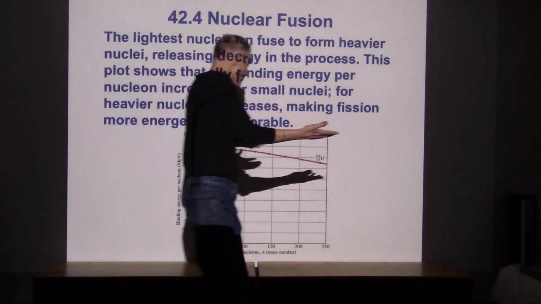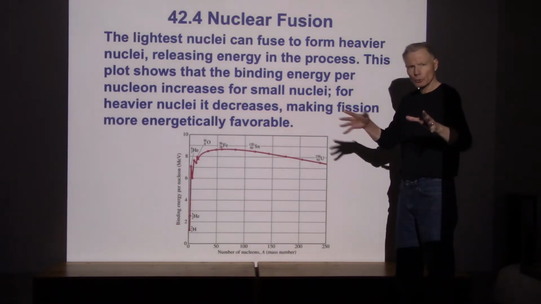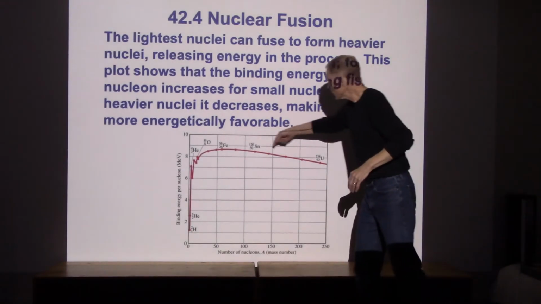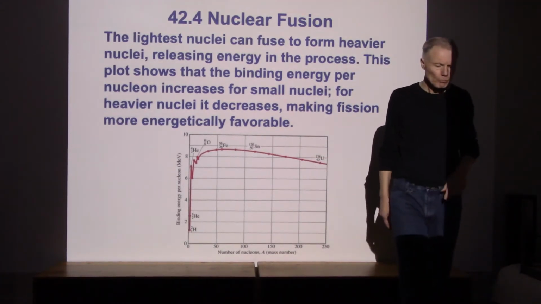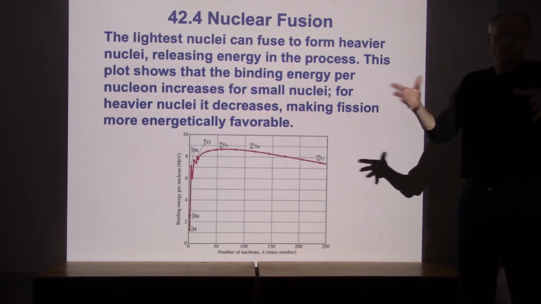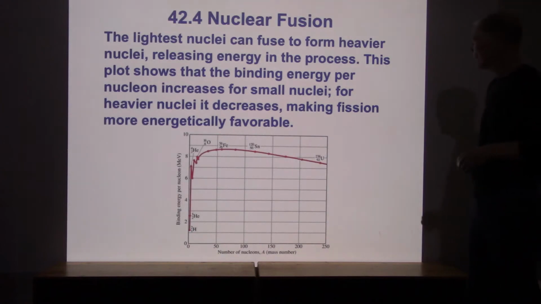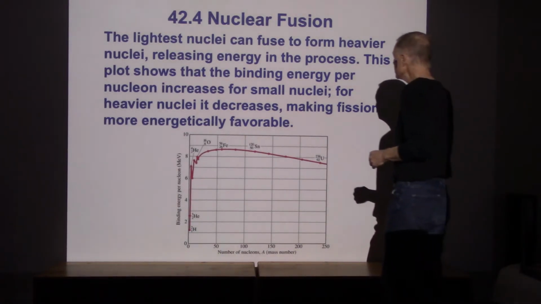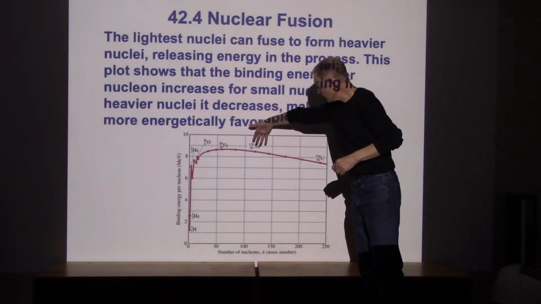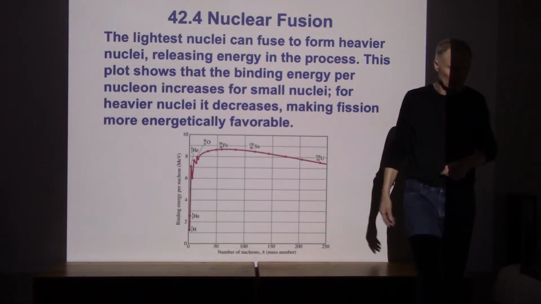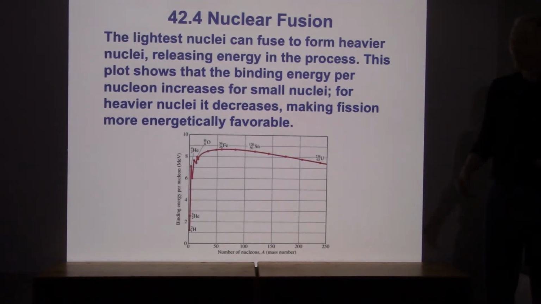So that says that when we start off with something like uranium-235 and we split it into two smaller pieces, in this range somewhere, well, these binding energies are going to be much larger. So what we've done is we started with something that was reasonably stable, but we split it into two pieces that are considerably more stable, and that's the difference in terms of energy. So fission can be thought of as taking these heavy isotopes and splitting them and creating products that are actually more stable. And there's only a handful of isotopes that reliably undergo fission.